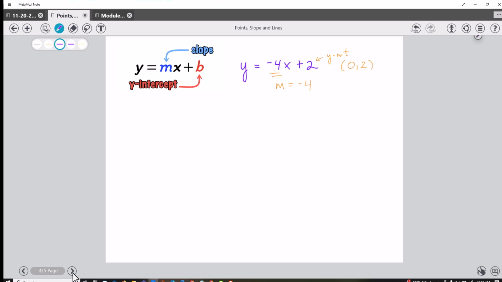So the only time this gets kind of weird and crazy is if this is not solved for y, and I ask you what is the slope. Well, you just simply solve it for y. So you move the 5x to the other side, and now from here I can see that the slope is negative 5.